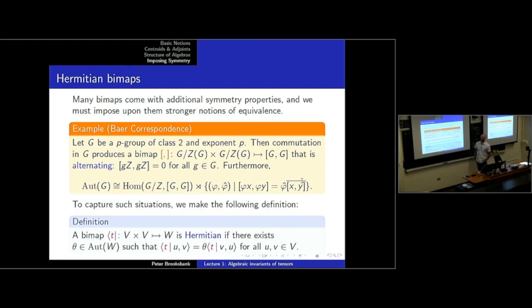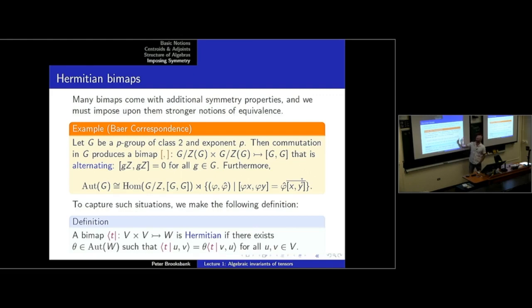So in this particular case, if you've got let's say a group G, which is a p-group, of exponent p, where p is a prime, or exponent 4, as we mentioned yesterday. But we'll just say that p is odd here for the sake of argument. And it's a class 2 p-group of exponent p. And then corresponding to this thing, we have a bimap which is defined on G mod its center, cross G mod its center, to the commutator group.